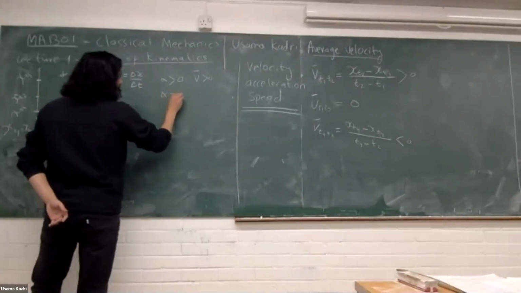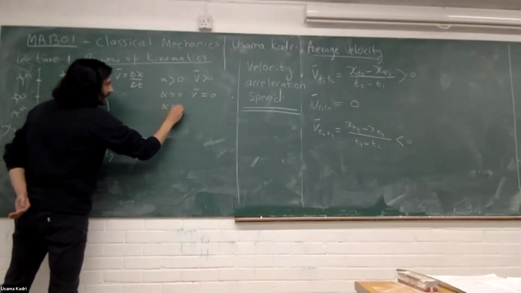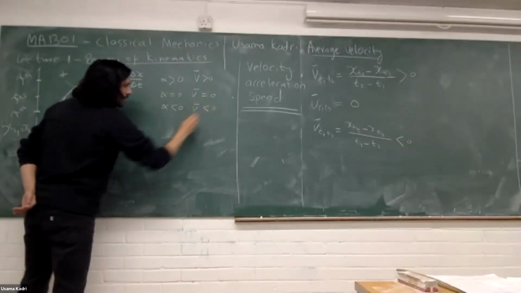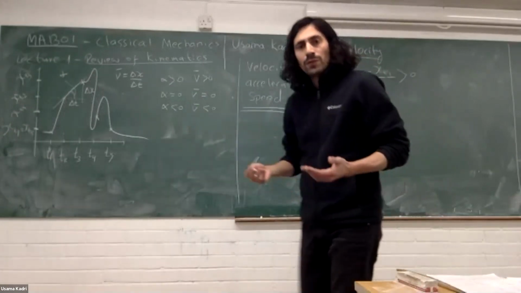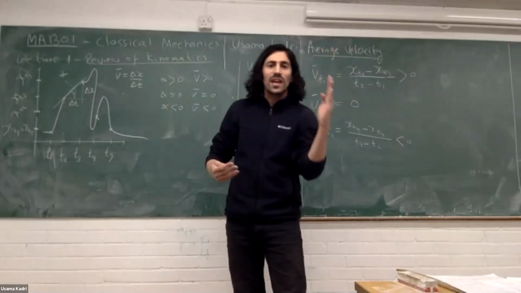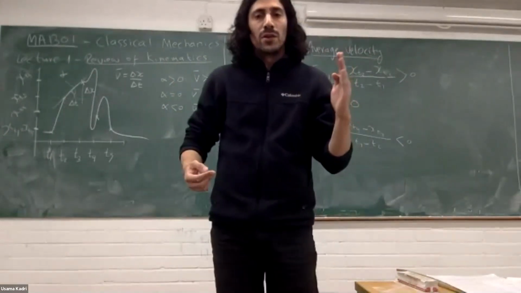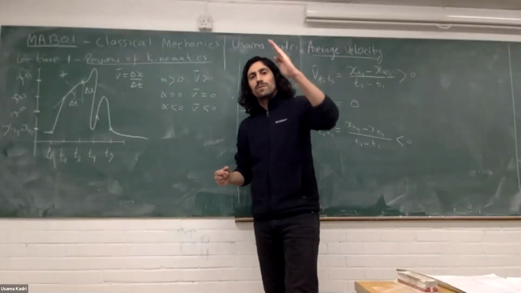So if alpha is 0, the velocity is 0. And if alpha is smaller than 0, then the velocity is smaller than 0. So this is another way for us to look at the graph, and just by looking at how things are changing in terms of the angle, you can immediately say, aha, the velocity has to be positive, positive, positive.